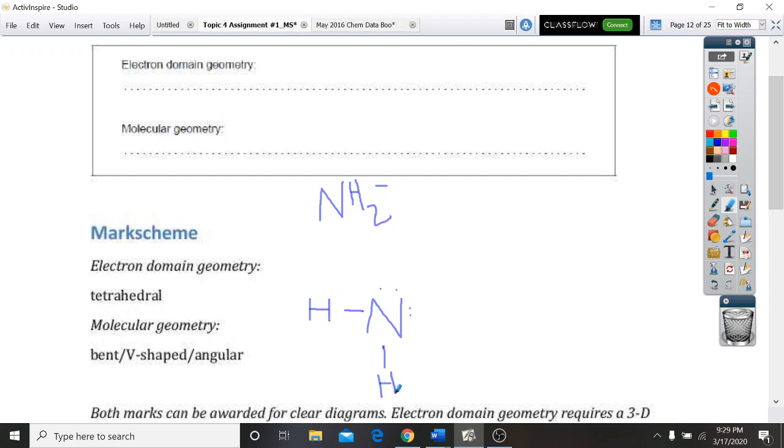Right? I wouldn't want to add the added electron to a hydrogen because then the hydrogen's complete and it wouldn't need to bond and it would just become an ion. So that's why you end up tetrahedral in the electron domain geometry, but bent or V-shaped in the molecular geometry because of the lone pairs that are here.